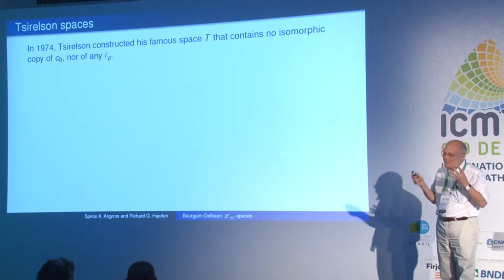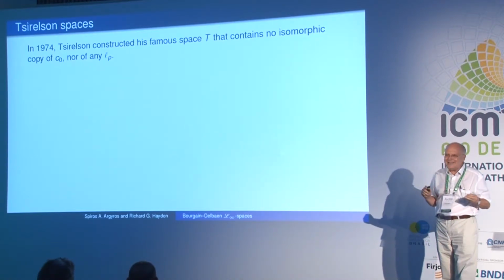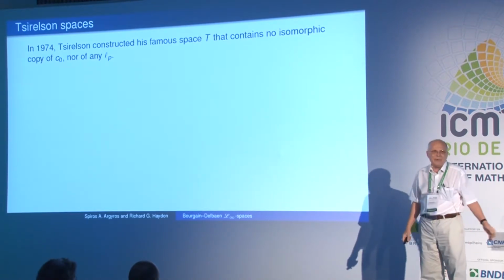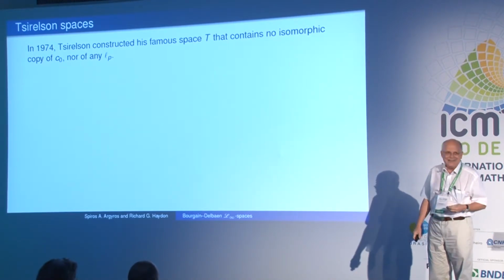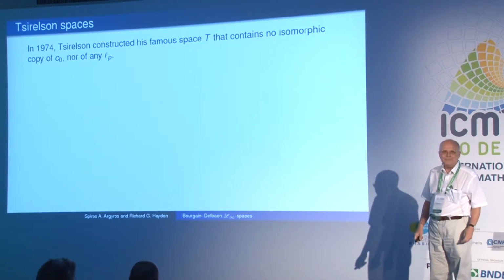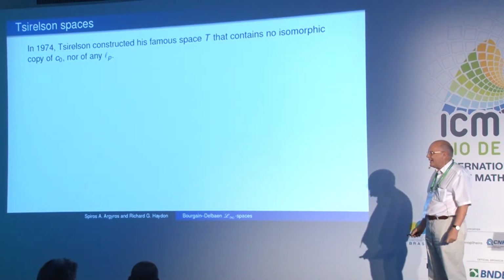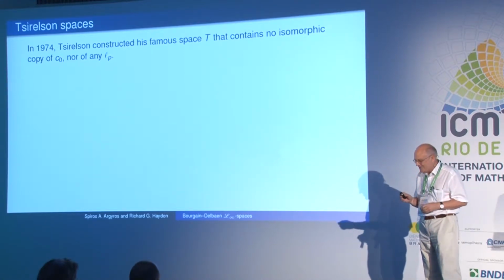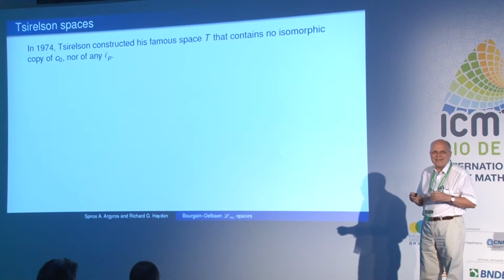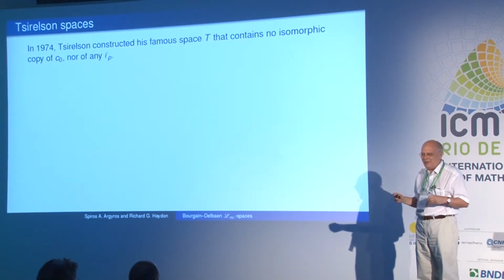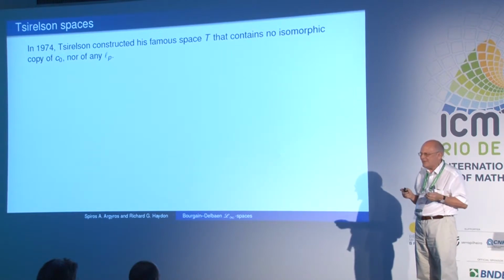But of course, when you first see it, you think, oh, this is just a counterexample. It says that what we were trying to do, which was embed little lp or c0 into Banach spaces, can't be done. But actually, it turned out in the longer term that Tsirelson space and its generalizations were essential for the next step in Banach space theory.